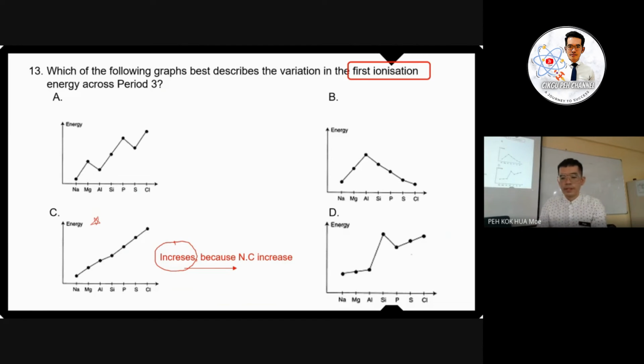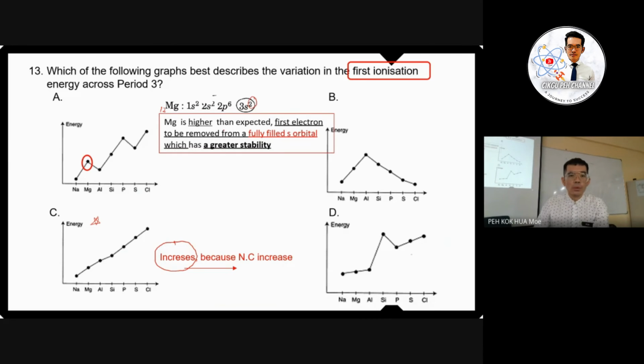Okay, but there is an exception that occurs at magnesium. So why? You can see the electronic configuration for magnesium. Because we know the proton number for magnesium is 12, the electronic configuration will be like this. When the magnesium 3s orbital is fully filled, it is more stable.